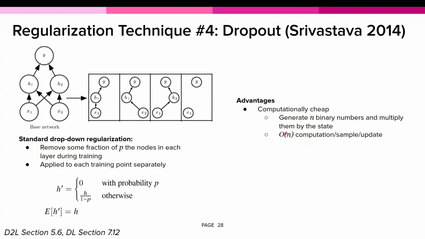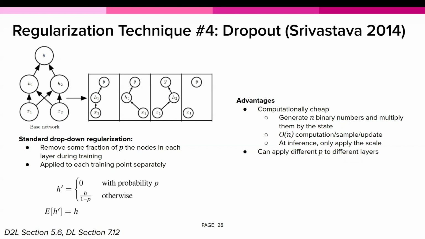So that's going to scale linearly in n for each computation per sample per update. Again, we're applying dropout to each sample independently. And then at inference time, we don't do dropout at all. So it doesn't cost us anything there to apply this regularization technique.